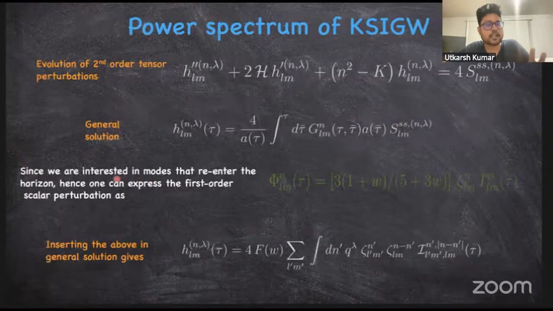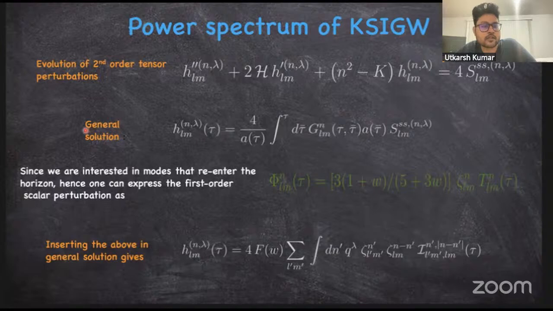Since we are interested in the modes which re-enter the horizon, we can decompose the first order scalar perturbation into its primordial value zeta_nlm and a sub-horizon transfer function T_nlm.